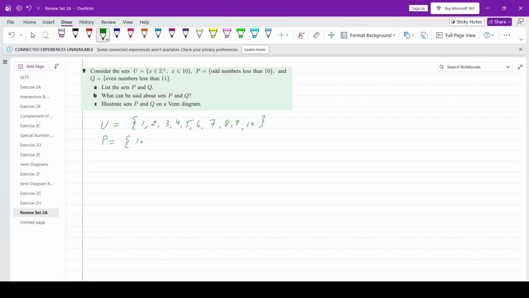So odd numbers is 1, 3, 5, 7, and 9. Q is even numbers less than 11. Even numbers less than 11 are 2, 4, 6, 8, and 10. Now the question says list the sets P and Q. So we have already done it.